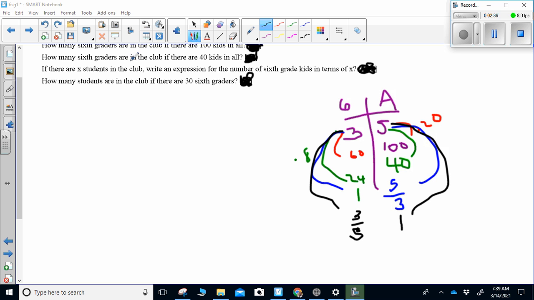So it says, write an expression for the number of 6th grade kids in terms of X. That means X is going to go here. So remember that to get from here to here, we multiply by 3/5. So to get from here to here, we're going to multiply by 3/5. So my answer is going to be 3/5 X.